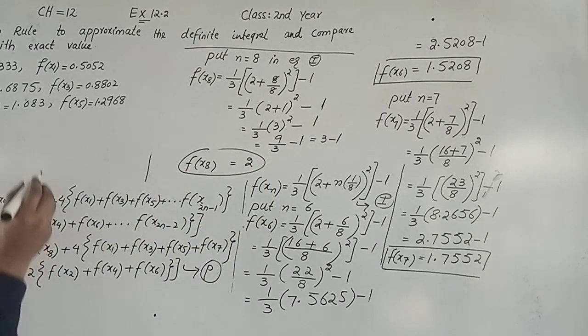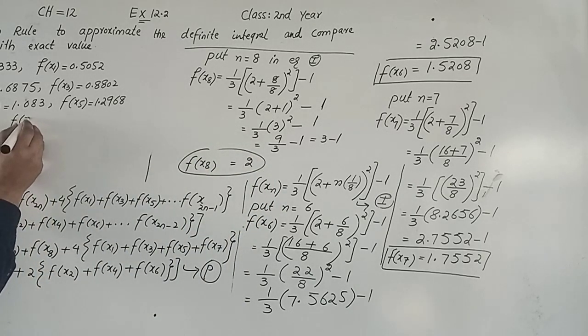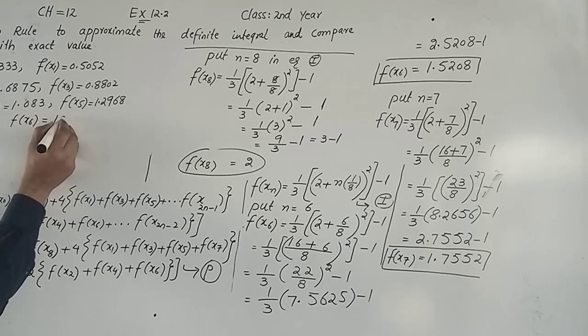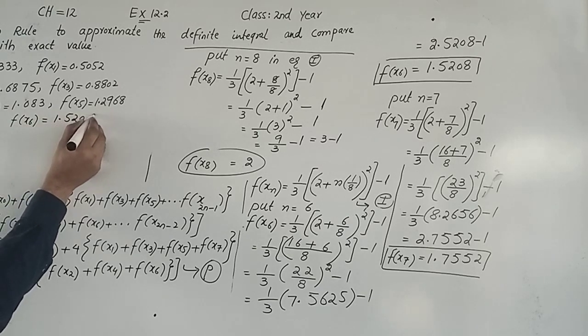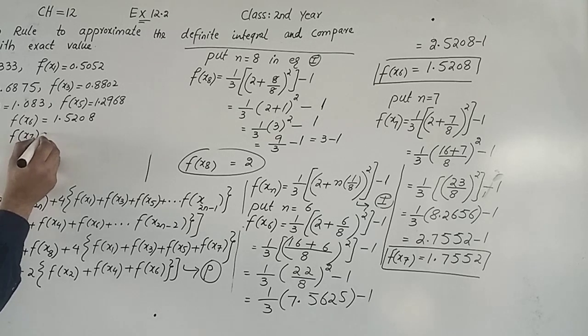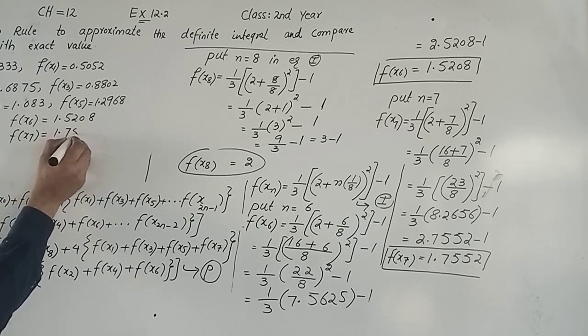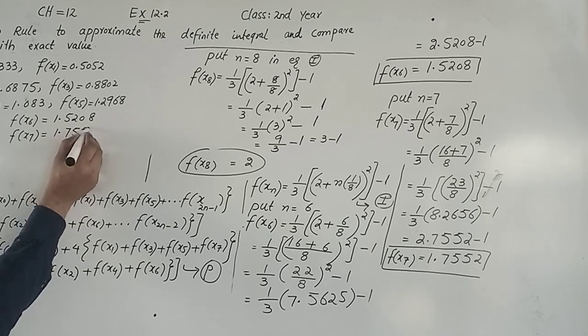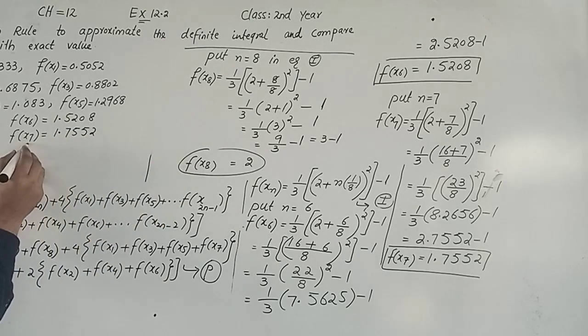f of x6 is equal to 1.5208, f of x7 is 1.7552, and the last one is f of x8, which is 2.